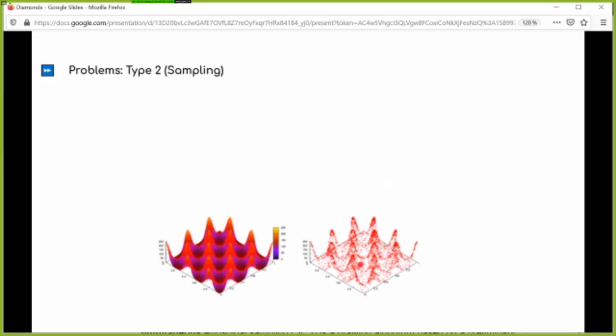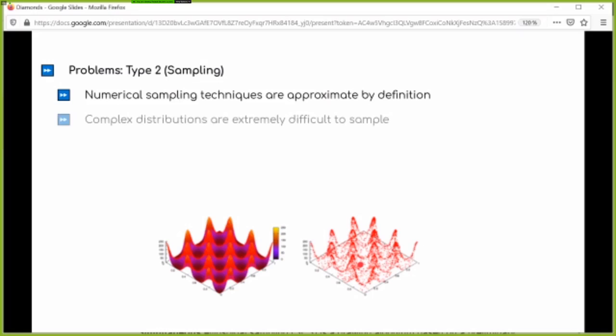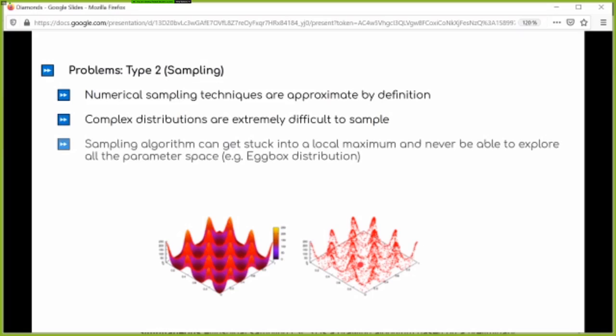And then we face another kind of problem, which relates to sampling, that I will explain right now. Numerical sampling techniques are approximate by definition, and complex distributions are extremely difficult to sample. So a sampling algorithm can get stuck in a local maximum and never be able to explore all the parameter space, as would be the case for the bottom panel, which is an egg box distribution.